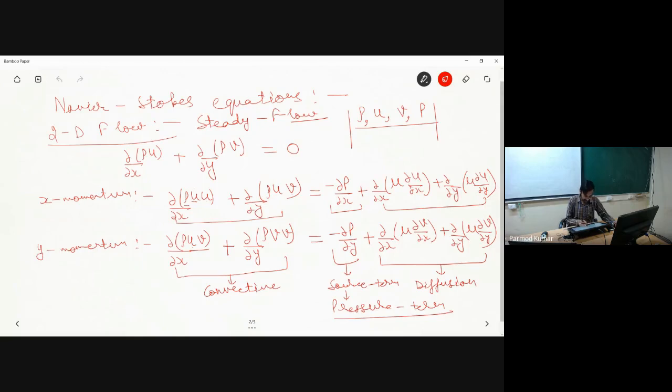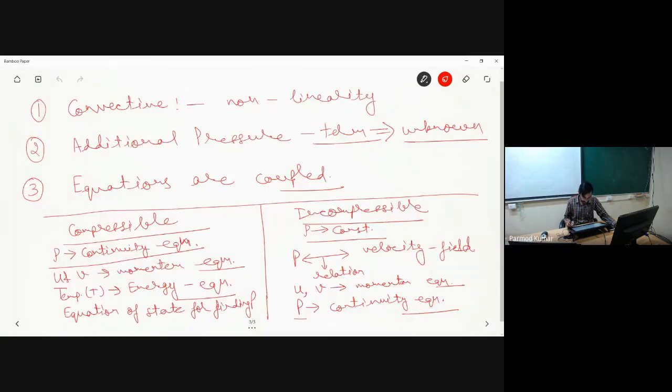Once I consider density constant, my equation will take another, more simplified form. So let me directly write that simplified form. Can you convert this equation from this form to the simplified form, which we call the non-conservative form of the equation, once we take this assumption of constant density? Can you convert?